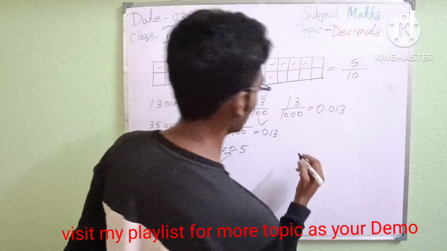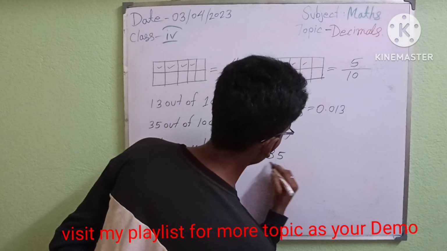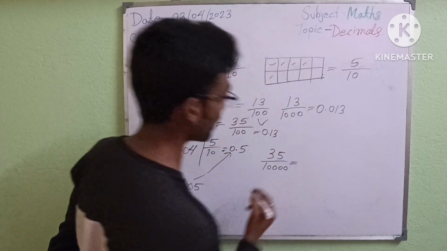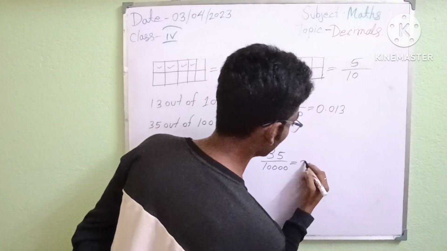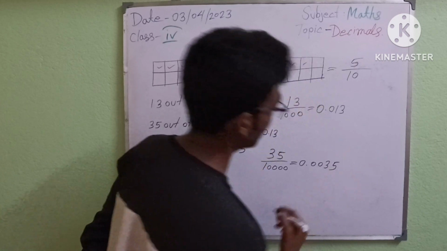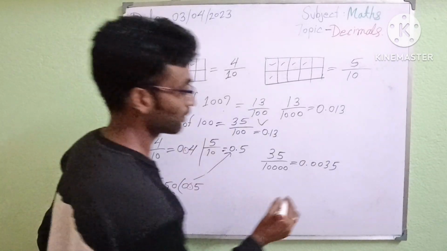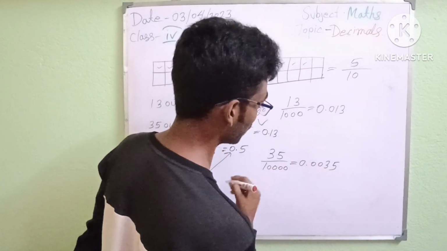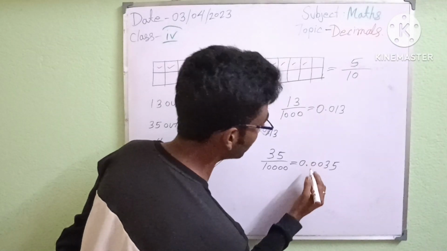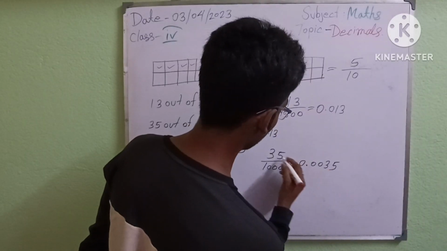And if we want to write 35 out of 10000, then how will we write it? Again, tell me. Good. 0.0035. Now let's see why the zeros come before 35.